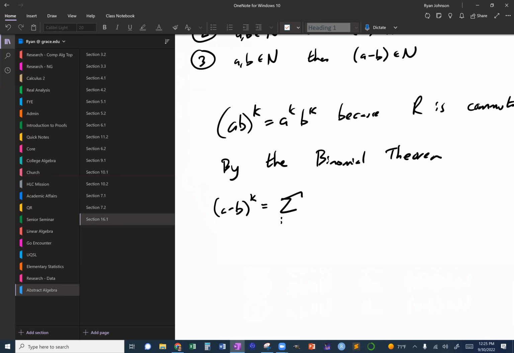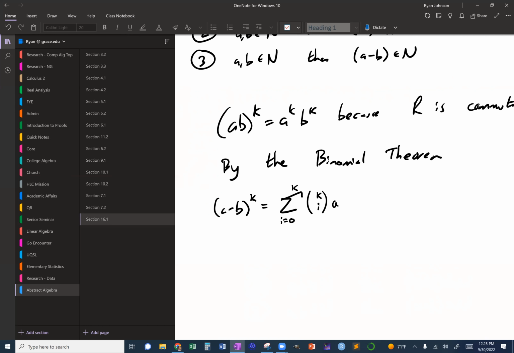Of I equals 0 to K of, do you remember this notation, K choose I? Remember that from discrete math? We can still do it with rings because K and I are integers. Okay?